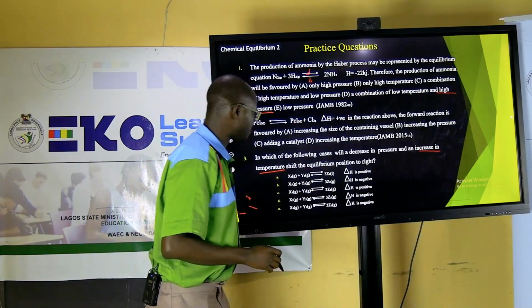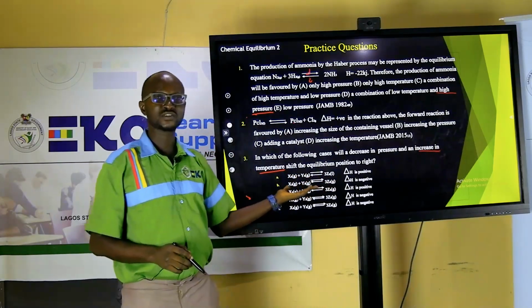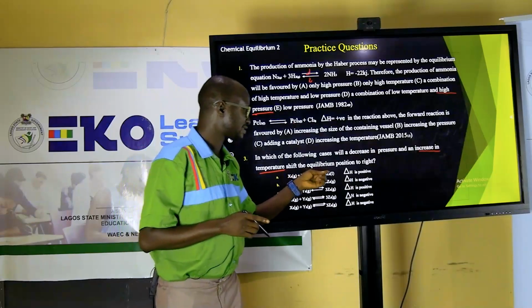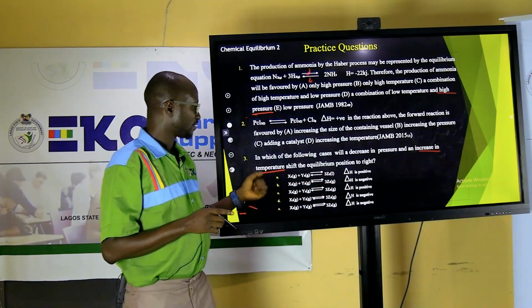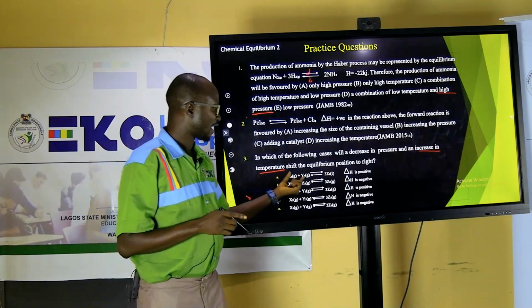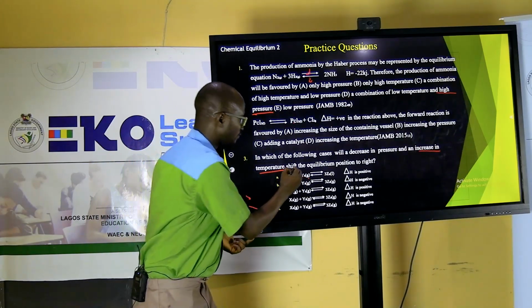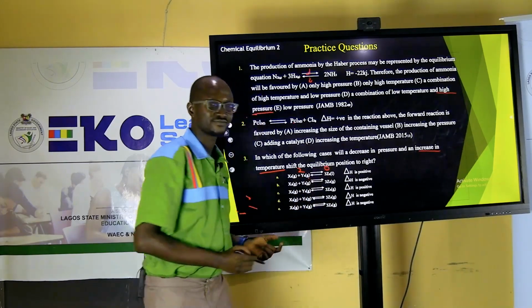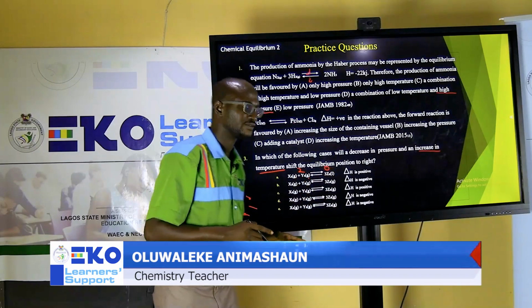In terms of pressure, what are the total number of moles on the right? What are the total number of moles on the left? Don't forget, my students, that it is a liquid on the right side. That means the total here is 2, while the total here is 0. Don't make a mistake and think that it is from 2 to 3.